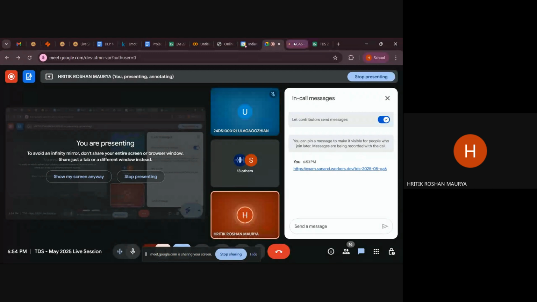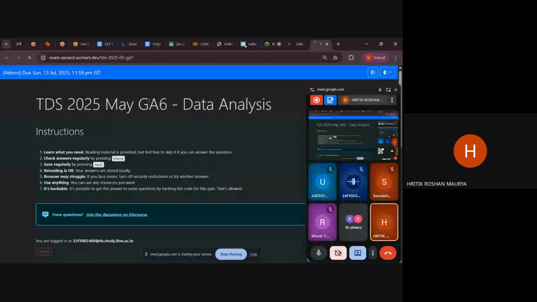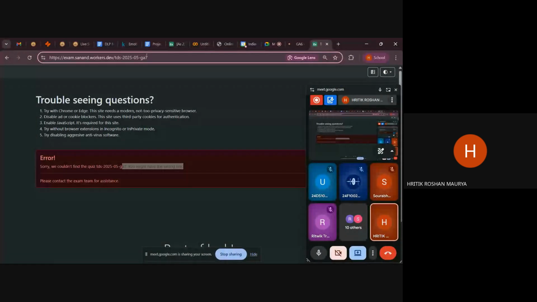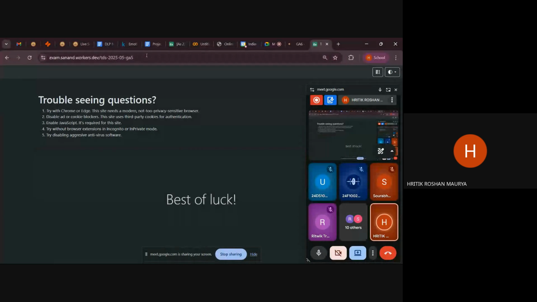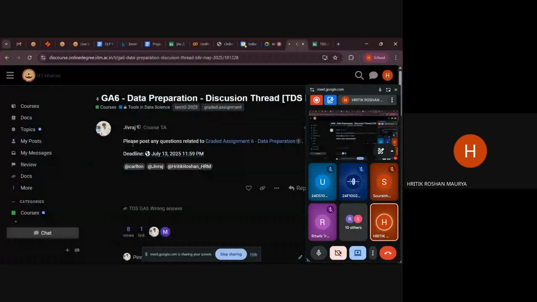If you type GA7, you can access GA7 itself. The problem with GA7 is that this is not right, but other GAs also you can access. But the problem is that that particular GA might be changed. So start solving a GA only after a discourse post has been created, because the GA questions got changed.